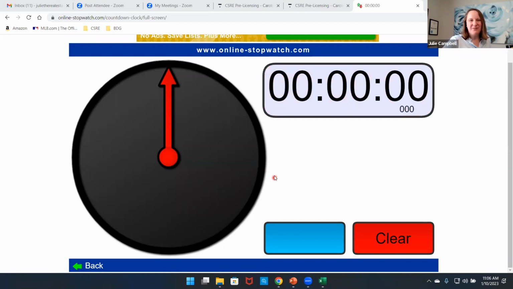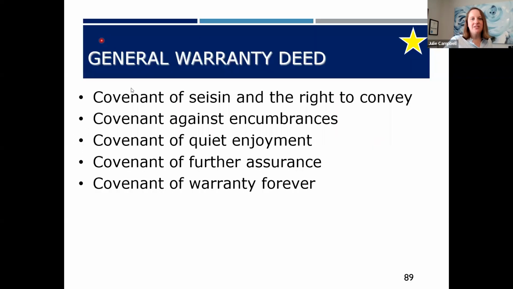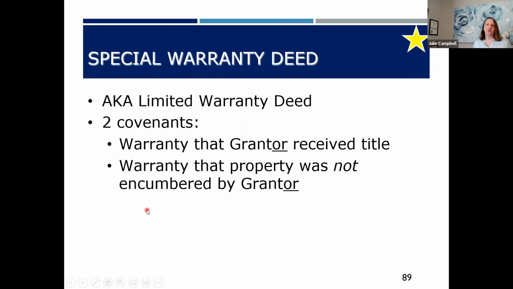All right, so we talked about our general warranty deed. We do have a couple other types of deeds that we may use, or the attorney or the judge may use. Another type of deed is something called a special warranty deed. Special warranty deeds are also known as limited warranty deeds because they don't offer as much as the general warranty deed. They're limited.